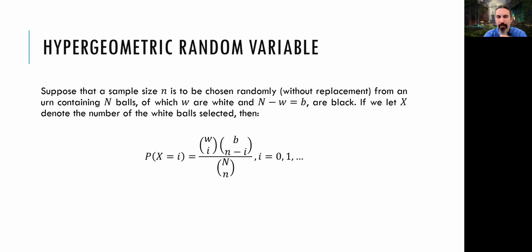W of them are white, B of them are black. So X is the number of white balls selected. All right, up to here, it's okay. So the probability that X is equal to i, the number of white balls, for example 3, 4, 5, whatever, we're just going to pick those: i balls out of W white balls, n minus i balls out of B black balls, and the sample space, n out of N.